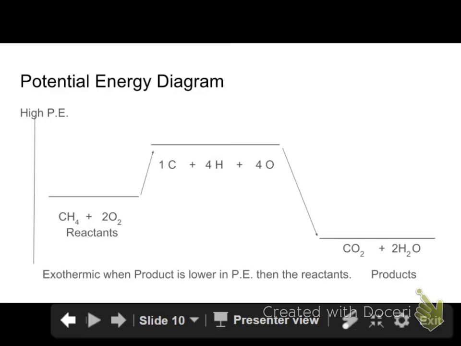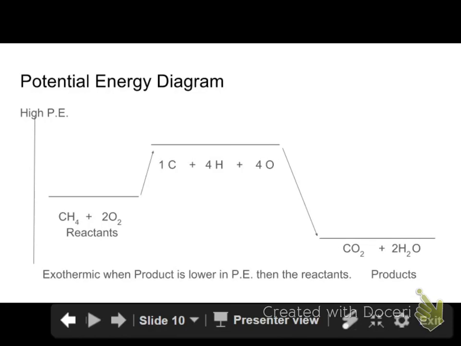So CH4 plus 2O2, this is the energy it has. Now, what happens to the potential energy? Does it increase or decrease from the beginning to this point up here? Increase. Yeah, so the potential energy increases. You have to put energy into it to break the bonds.